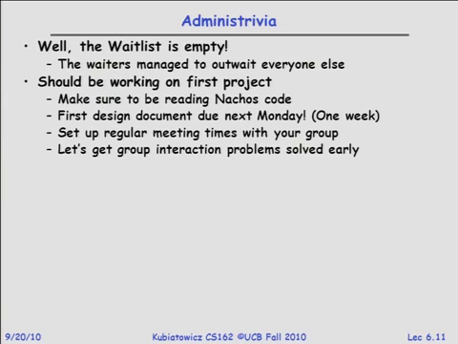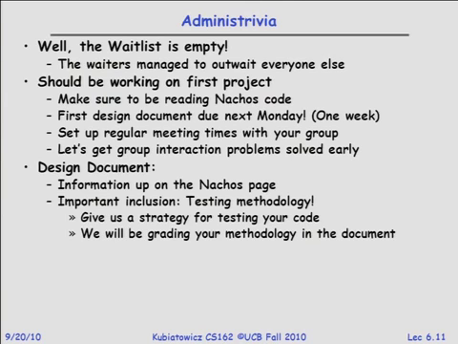Okay. Design document. So what is a design document? A design document is not a bunch of code. If you actually give us code with semicolons and stuff in it, maybe we'll give you a 0 on your design document. Okay, that might be a little harsh, but you should think along those lines.